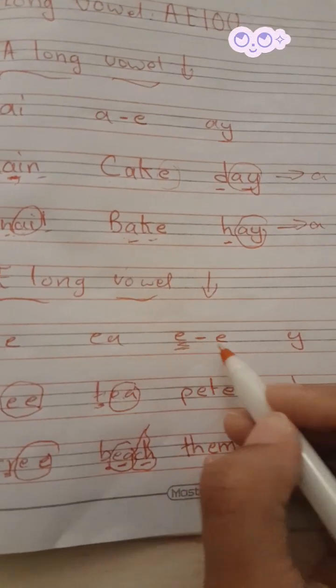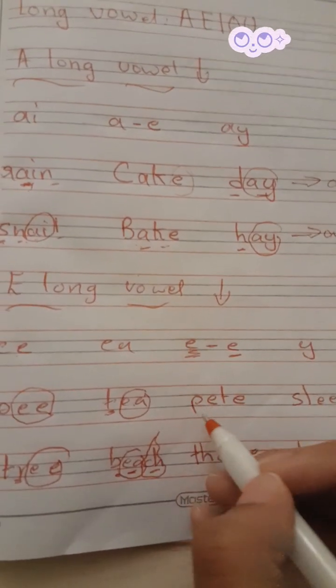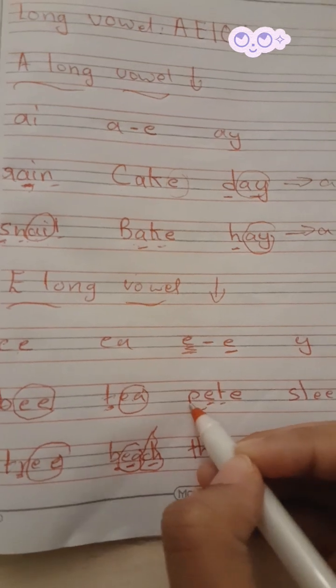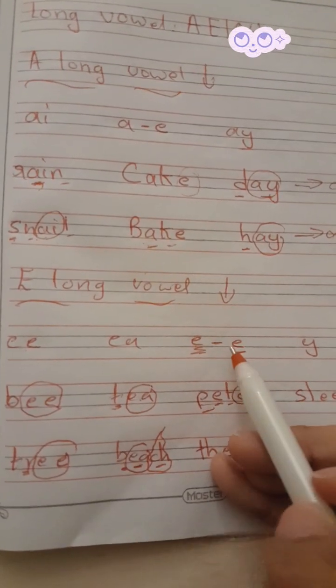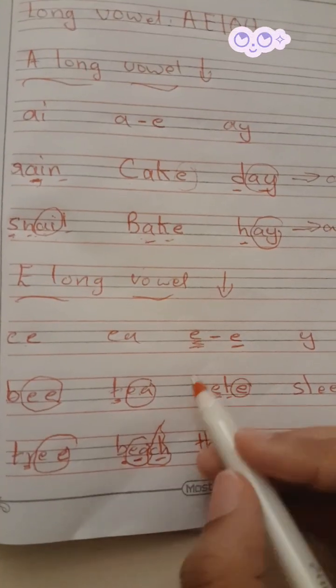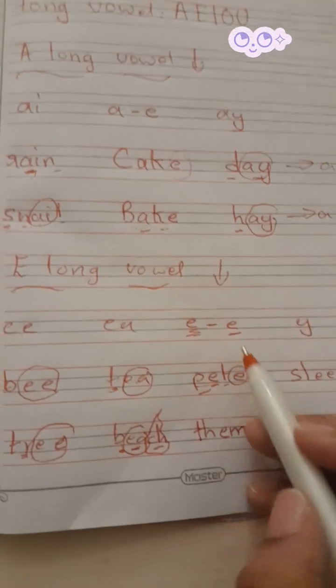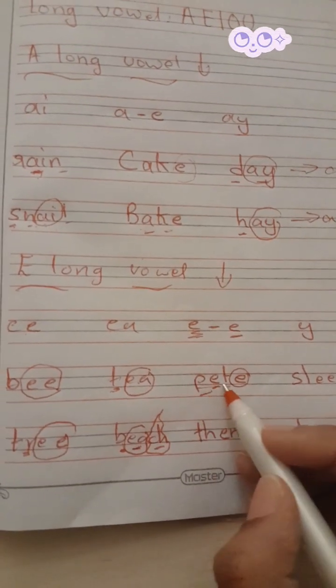Now E with magic E means what? Means the last E is silent. P-E-T-E, Pete. So E is what? Silent, because we are in the magic. Means when it comes to E's, the one at the last will be silent. So P-E-T-E, Pete.